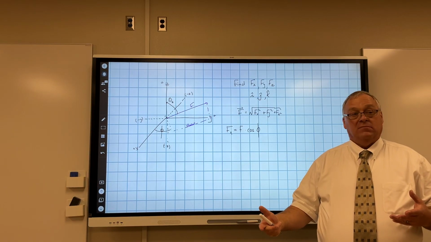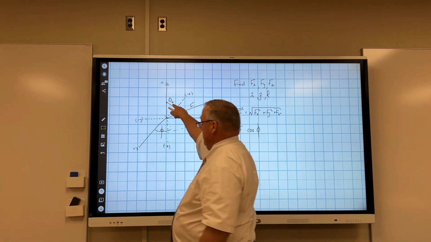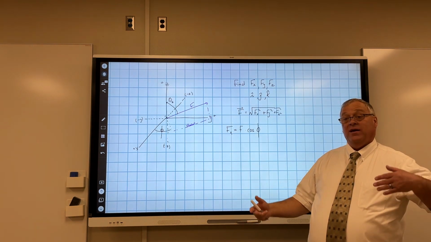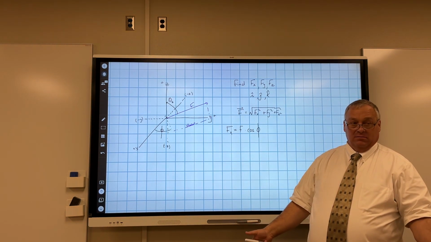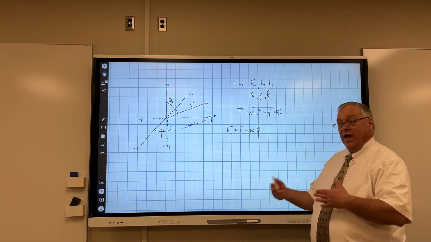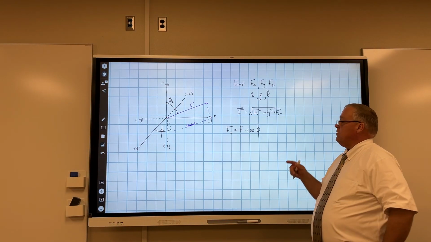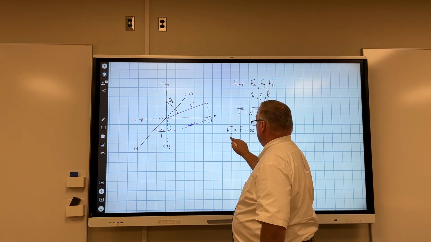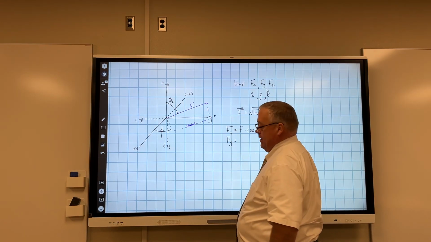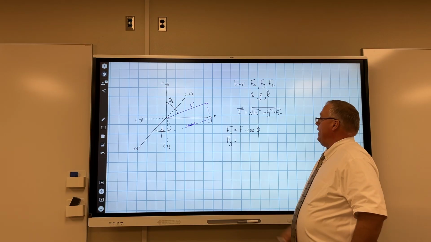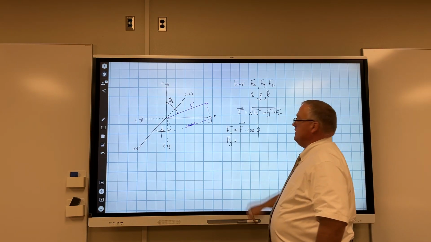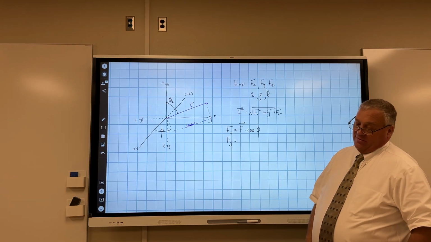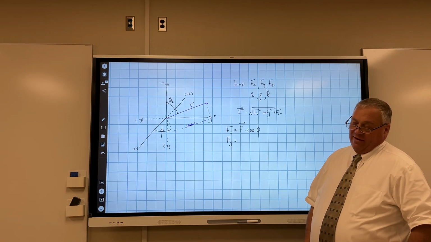Don't plug in theta z, because that's the angle with respect to the z-axis. So as we add more to it, we've got to be sure what we're going to find as far as our components go. So Fy. Now, what is Fy? I should put that arrow there just to indicate that it's a vector. What can we find for Fy?